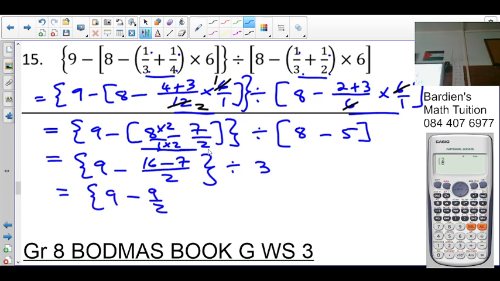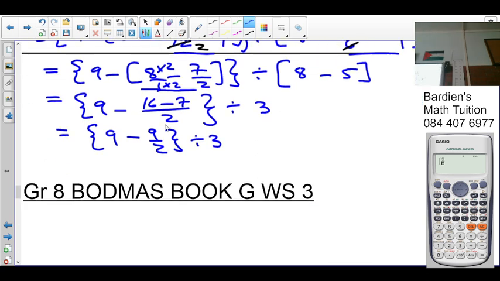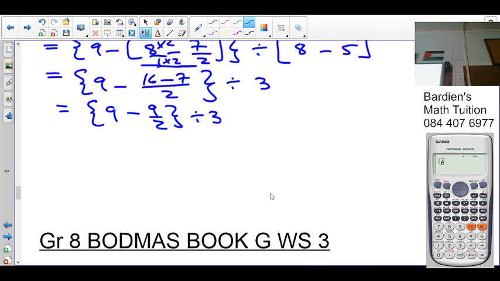9 divided by 3. So the 3 can be written as 3 over 1, not so. So that is going to be, what's your LCM inside this bracket? 2. So you times it by 2. So it's 18 minus 9 times 1 over 3.